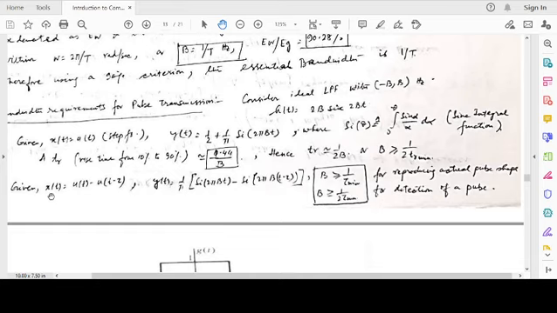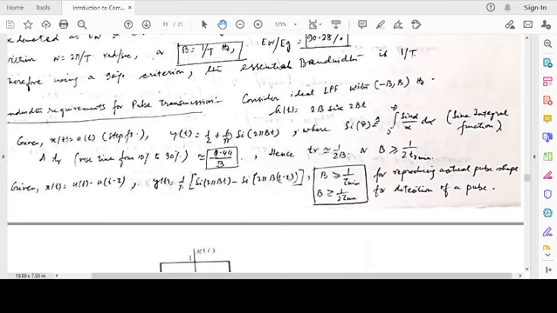Good. Consider now a pulse. The ideal pulse is u(t) minus u(t minus tau). When it passes through an ideal low pass filter with this impulse response, the output becomes 1 over pi, the sine integral of 2 pi B t minus the sine integral of 2 pi B (t minus tau).